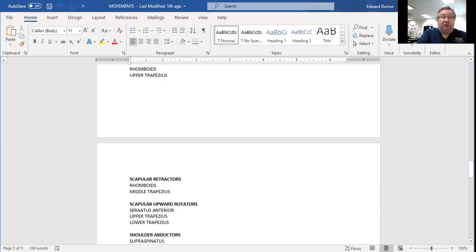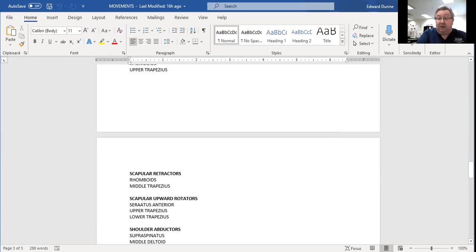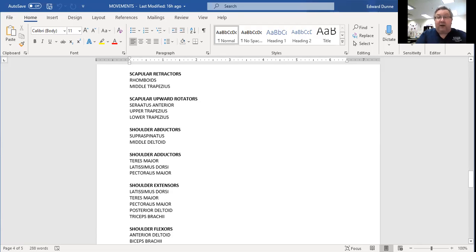The scapular retractors. So the retractors bring the scapula back to its neutral position. So let me real quick go over the protractors of the scapula. So the major protractor of the scapula, the movement that creates the punch move, all right, where the scapula comes forward, protraction, is the serratus anterior.